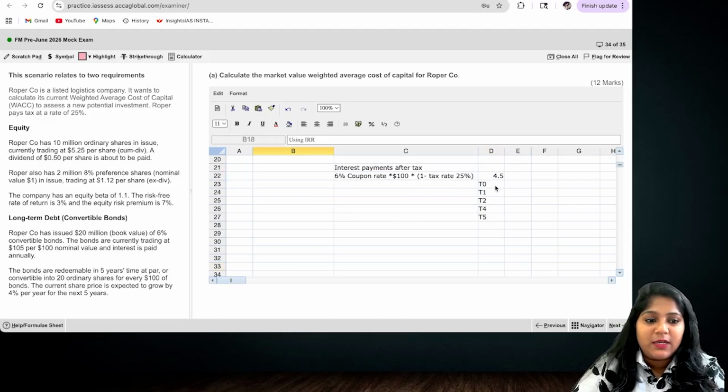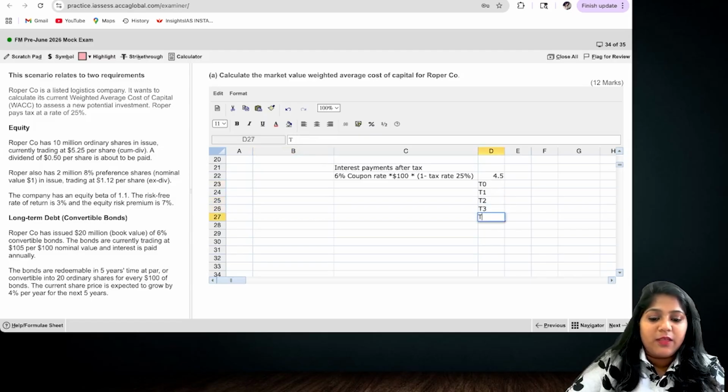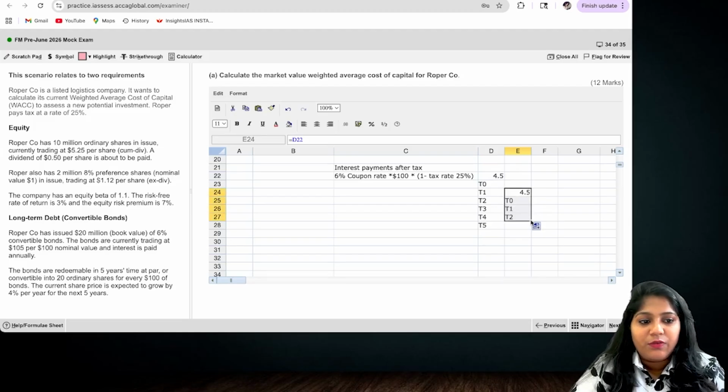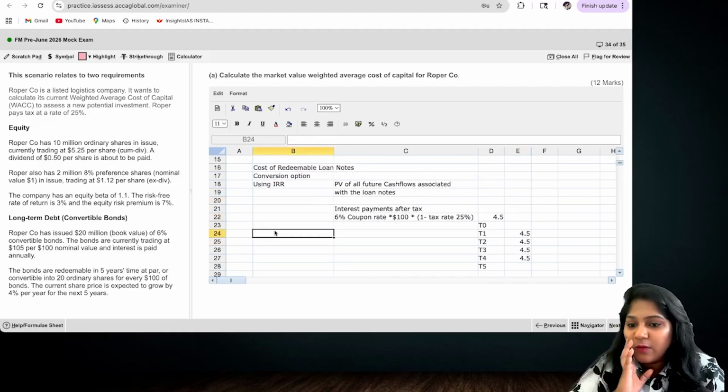Guys, understand T0, T1, T2, T3, T4, T5. From the first year onwards, I will make this payment. I'm not saying no to that. But in the last year, you have to see what my conversion option is.